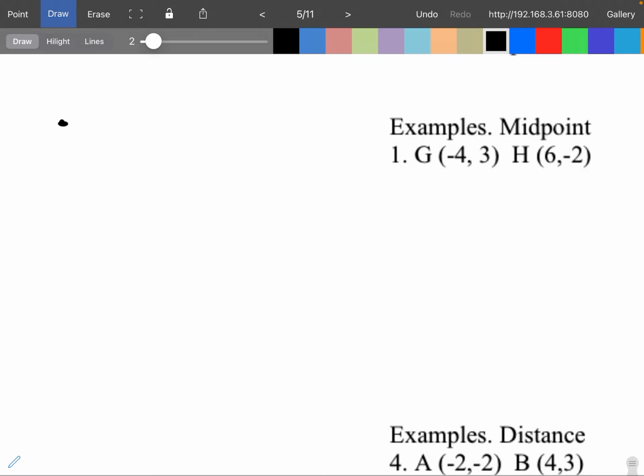All right, so let's go right to the examples. Maybe on this first one, I'll actually draw you a picture so you can see what you're doing, but you don't need the picture to do it. For this one, you'd have negative 4, 3, so you'd have a point up here.